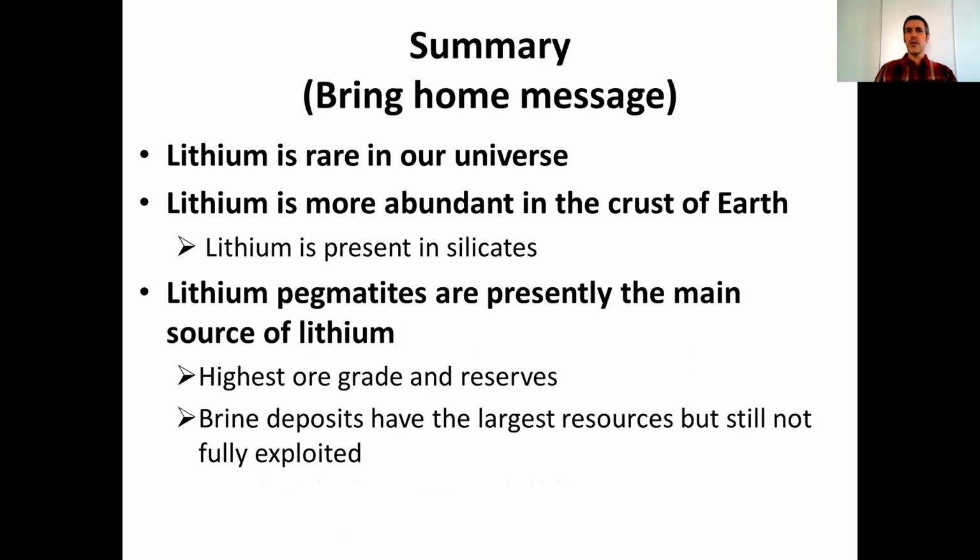Okay, this is the last slide of this lecture, the summary of the lecture. Lithium is a rare element in our universe. Lithium is more abundant in the crust of Earth compared to the mantle.